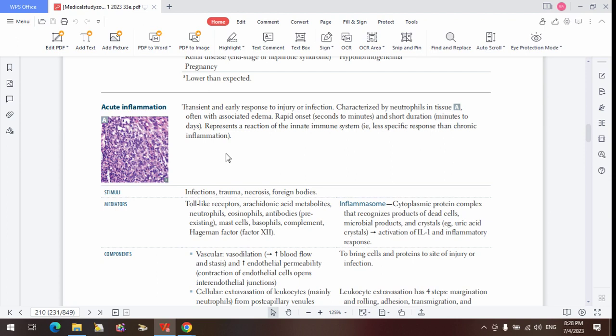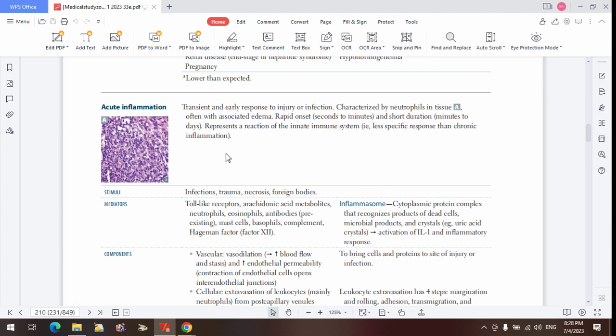And they themselves will now activate some resident cells at the site of the injury, particularly the mast cells. Mast cells are very important. We must mention them because once the interleukins or the macrophages and the dendritic cells activate the mast cells, they are going to degranulate and release histamine. Histamine is the major one responsible for vasodilation.